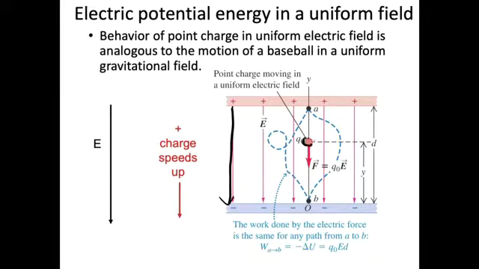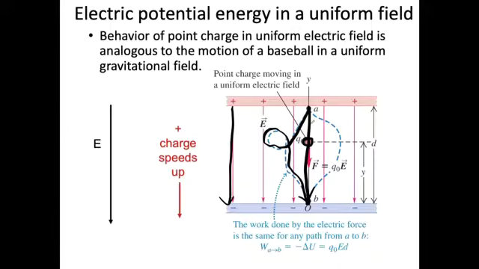And if you put a positive charge moving from position A to B, the work done by this electric force is independent of the path it took. And we can calculate the work done by this electric force, right? Because the work done by the electric force is independent of the path, we'll take this path, which is the easiest one to calculate.